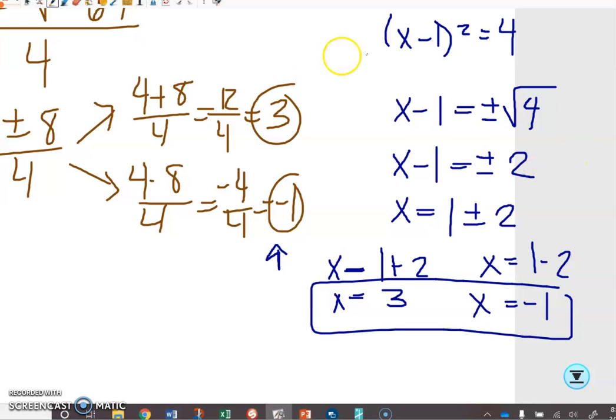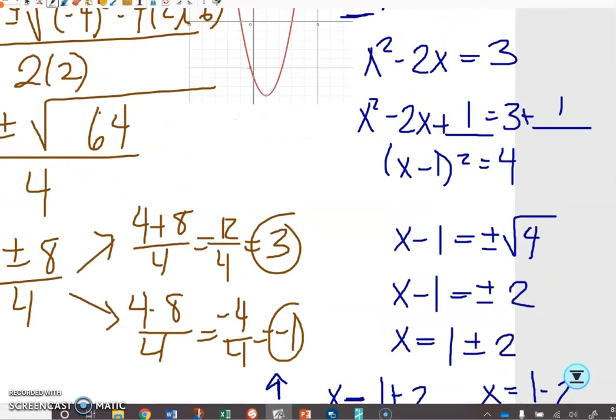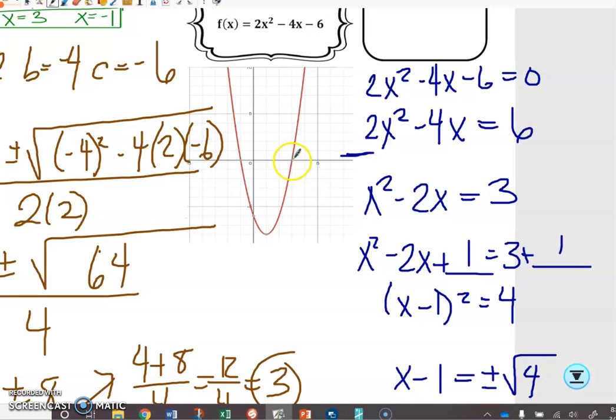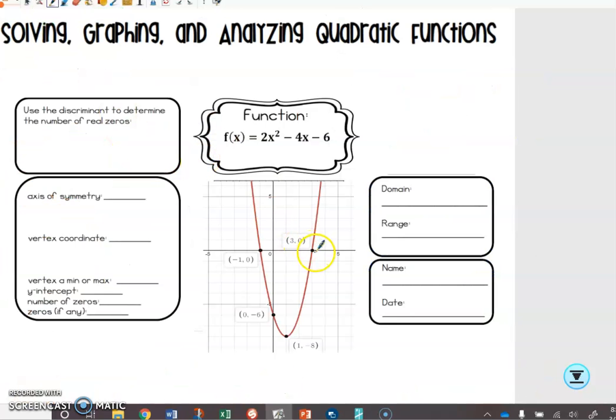And then I also included the graph that you guys saw right here. And it's a little bit clearer on the next page that those intercepts are at 3 and negative 1. So you can see that all three of those methods line up with the solving by graphing. Our discriminant is the value that's under the radical.